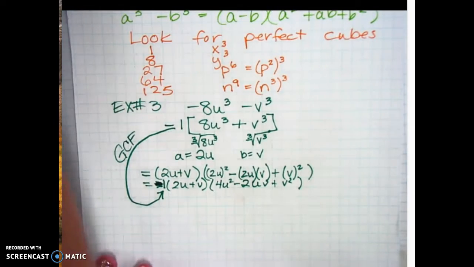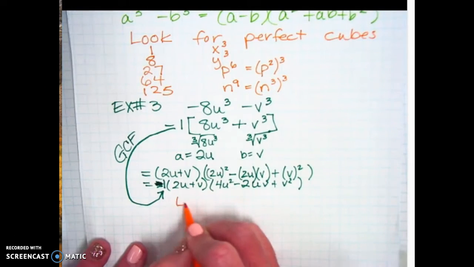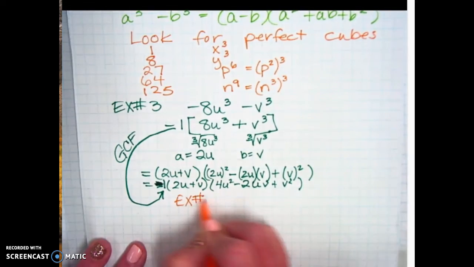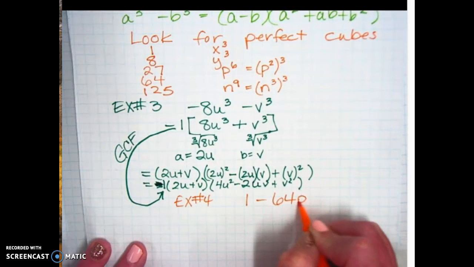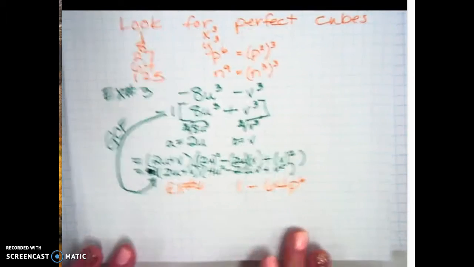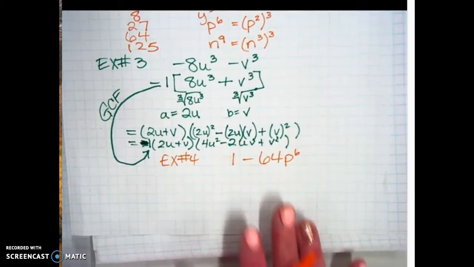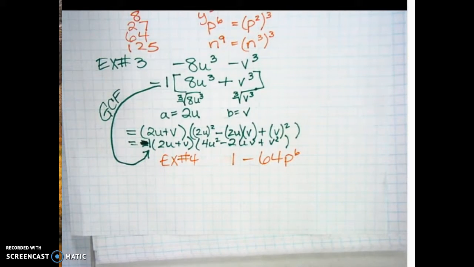Thank you. All right, and example number 4. We're going to have 1 minus 64p to the 6th. Is there a GCF for example 4? No. Okay.